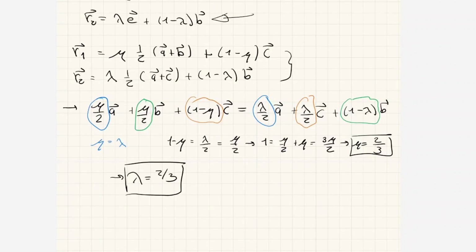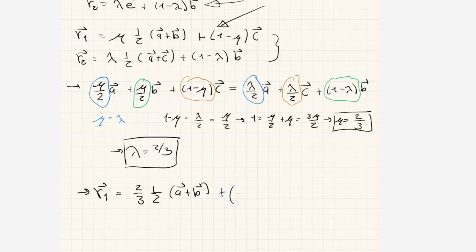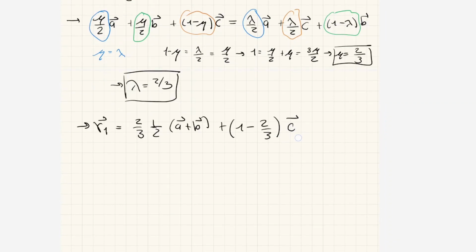So we need to take these values into any one of them to see what we are going to get. So for example, in R1, we will have mu, which is 2/3, so 2/3 times 1/2. This multiplies (A plus B), and then plus (1 minus mu), which is 1 minus 2/3, times C.